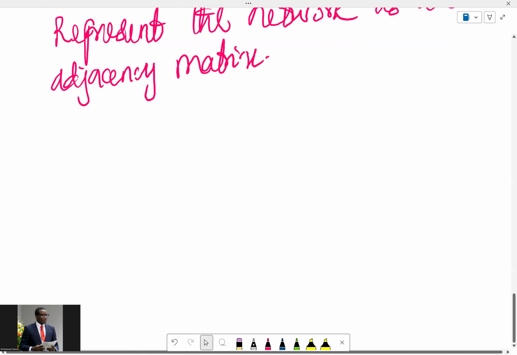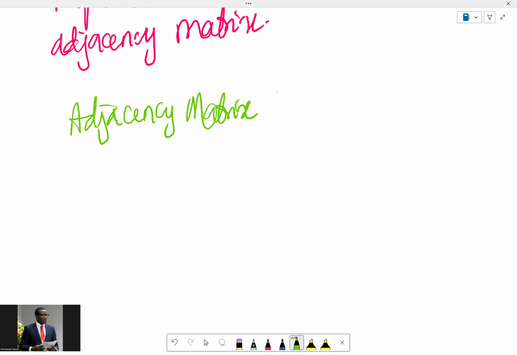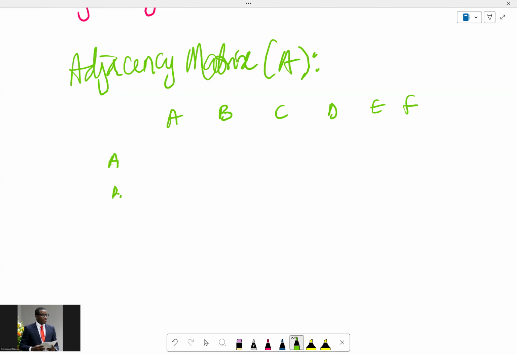Imagine you have A, B, C, D, E, F, the six nodes, as rows and columns.